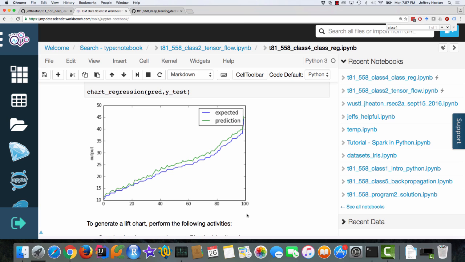The next most important thing to realize about this chart that can be somewhat confusing is this line. The technical term for it is monotonic. The expected line is always going to be monotonic. Sometimes you'll hear monotonically increasing or monotonically decreasing.